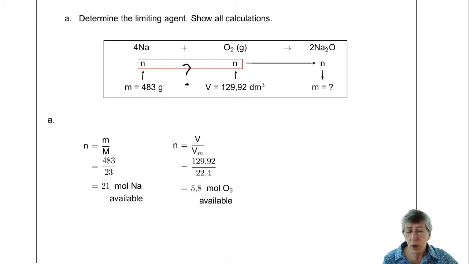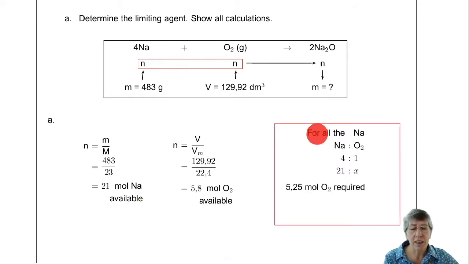So we're going to work with our ratios. And we say for all the sodium to oxygen, always in the ratio 4:1, according to that equation over there. And then you work out how much oxygen is required for all that sodium to react. And when you get that answer, we're going to compare that is required with what we have available.